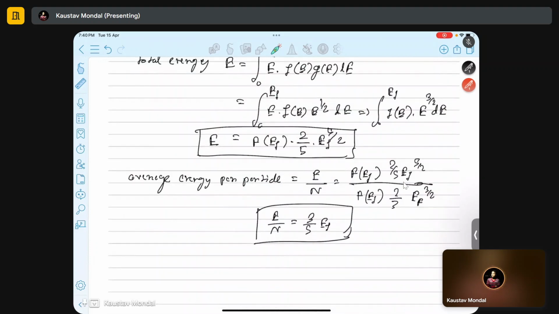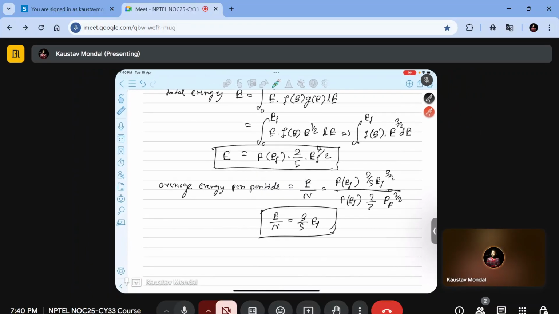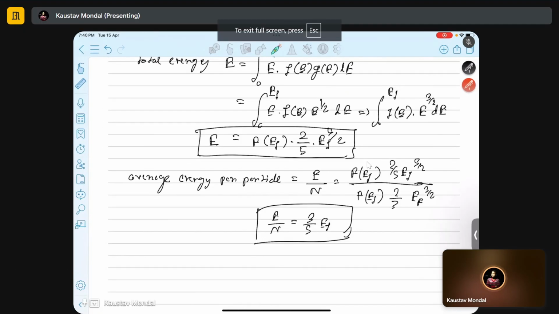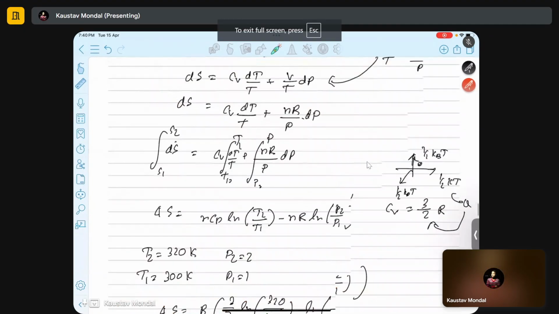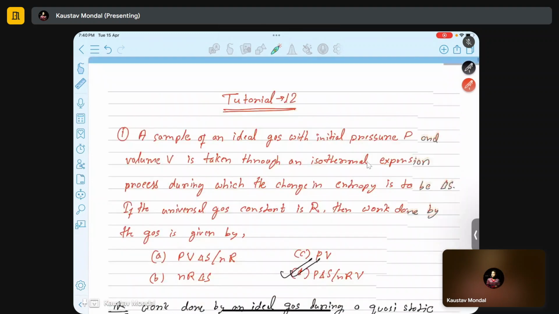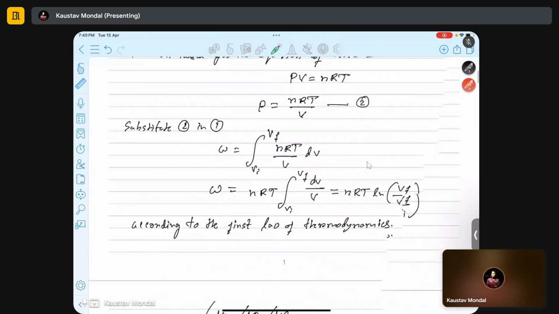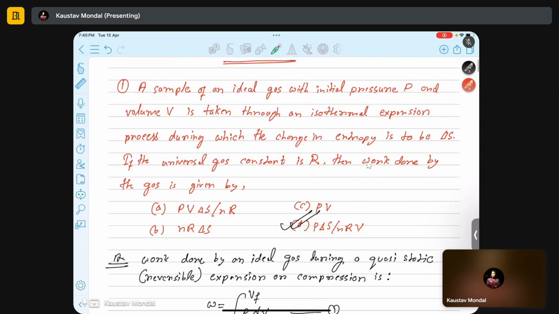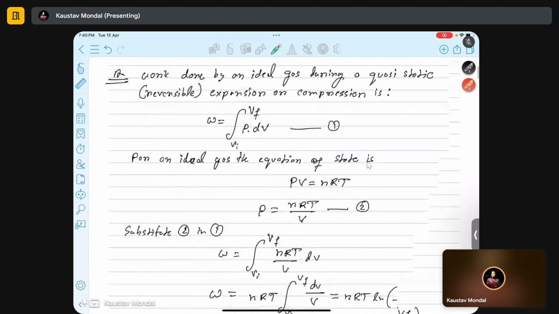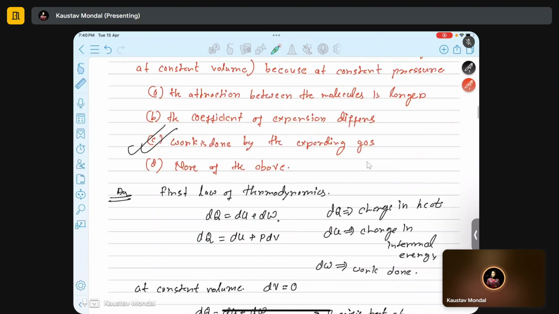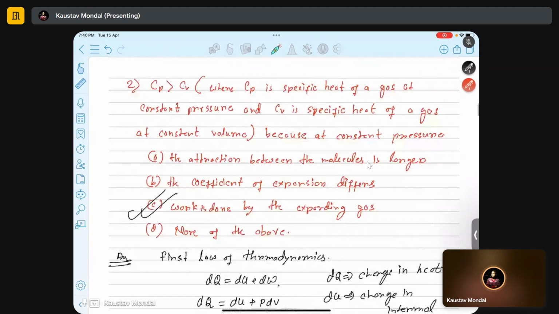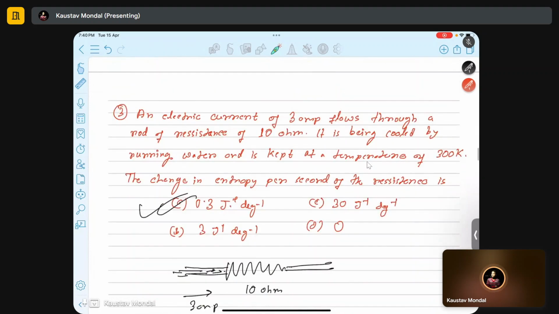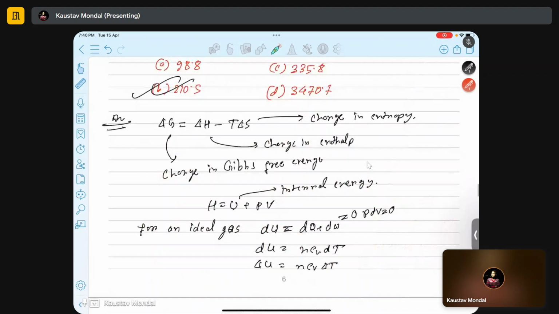So this is it for today's class. We have discussed many things. We started from thermodynamic potentials and calculated how work done happens on different types of systems using thermodynamic potentials. Question number 2 was a similar type of problem, and question number 3 also covered entropy problems.